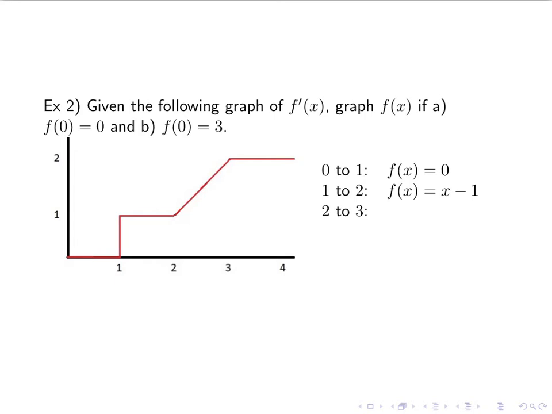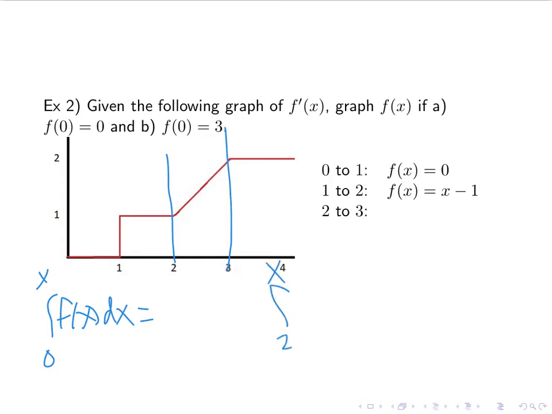When I move on to the integral from 2 to 3, I have a new function for f of x. And I also need to know the integral before that. So again, I'm looking at the integral from 0 to x of my f of x dx. What I'm going to concentrate on is from 2 to x, where x is between 2 and 3.